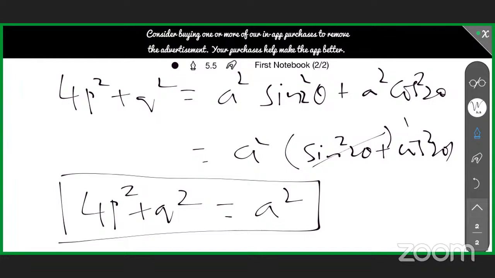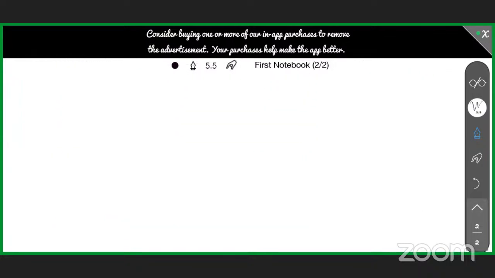Next question is, if P and Q are the lengths of the perpendicular. Sir, your voice is not clear. Again they are telling that P and Q are the lengths of the perpendicular from origin.